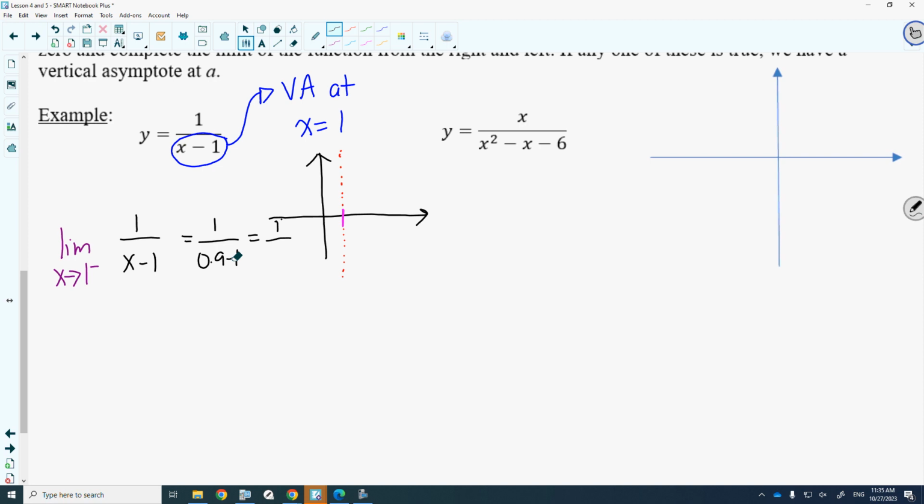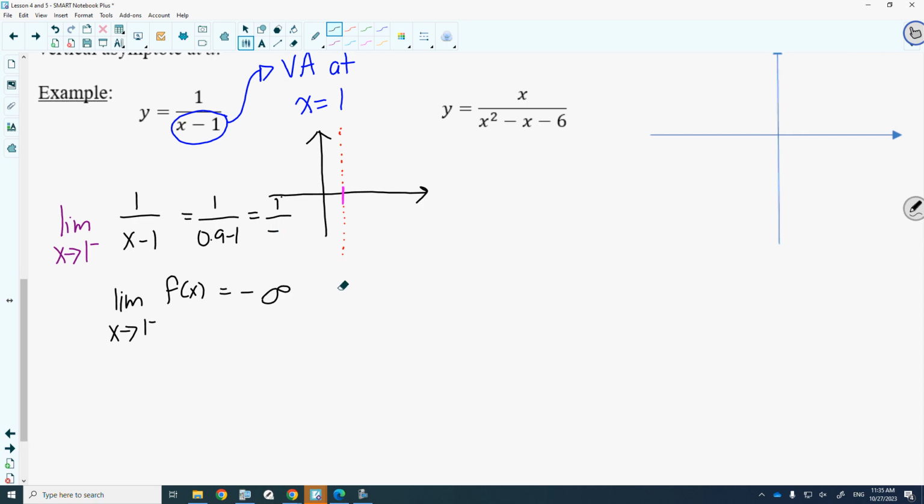Negative. 1 over a negative number means the limit as x approaches 1 from the left of f of x is a positive number up top divided by a negative, which gives me negative infinity. So from the left-hand side, the graph is going to approach negative infinity. So I put an arrowhead down there.